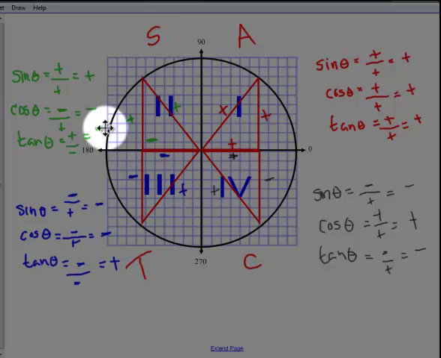Everybody else is negative. In quadrant 3, T. So that means tangent's the only one positive. Everybody else is negative. And in quadrant 4, C, cosine. Cosine is the only one who's positive. Everybody else is negative.